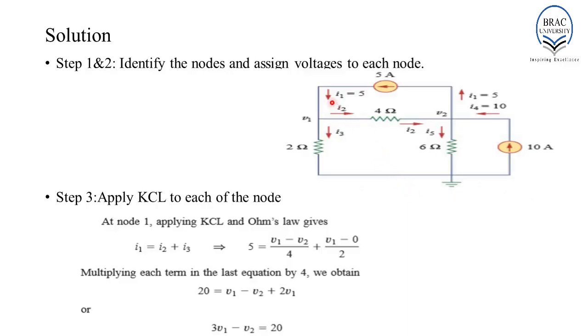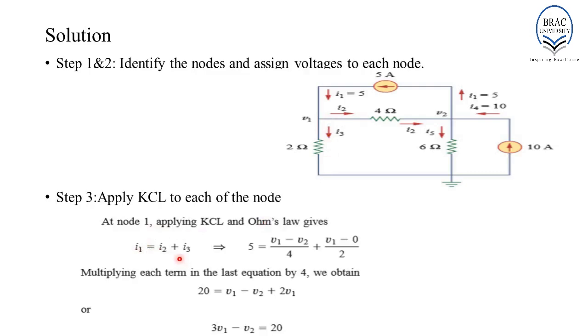So, if we assume that I1 is the current entering the node, then I1 must be equal to I2 plus I3. Hence, we have written down the expression I1 equals I2 plus I3.